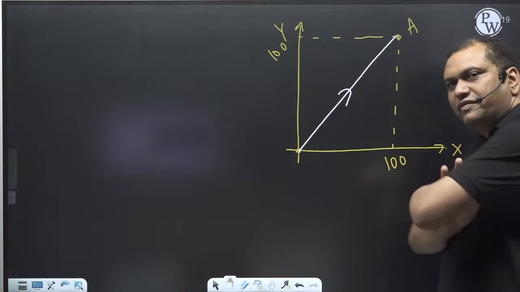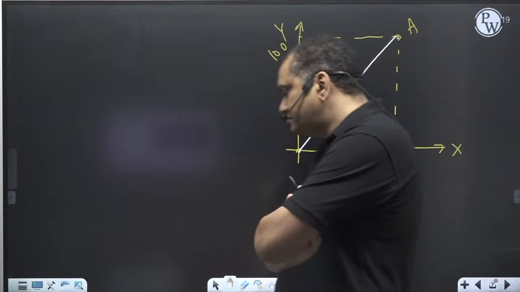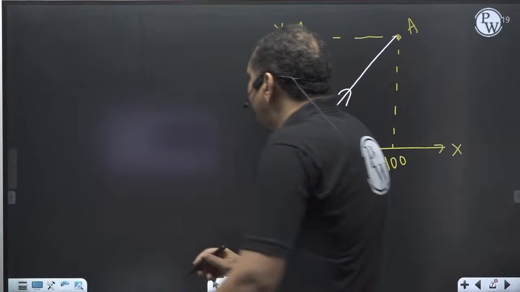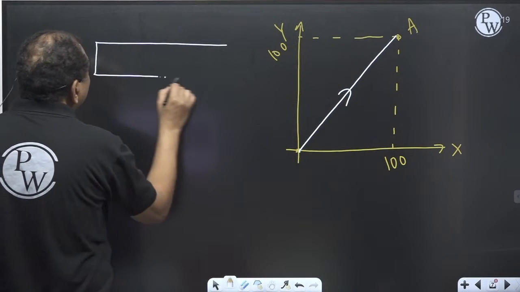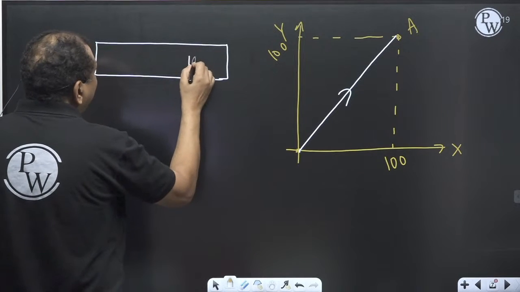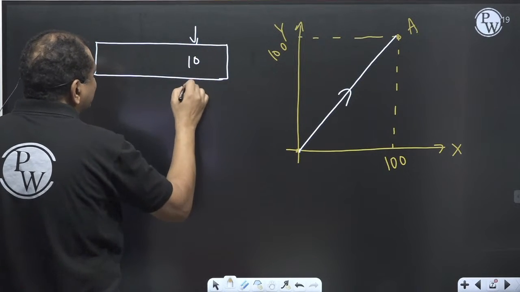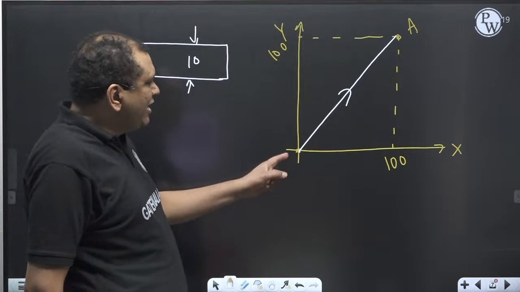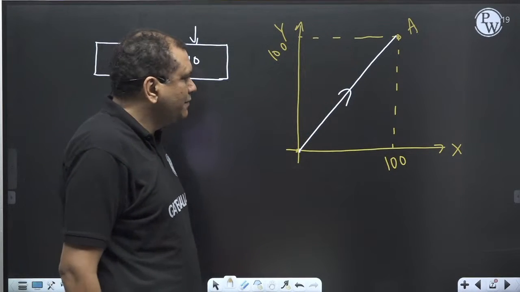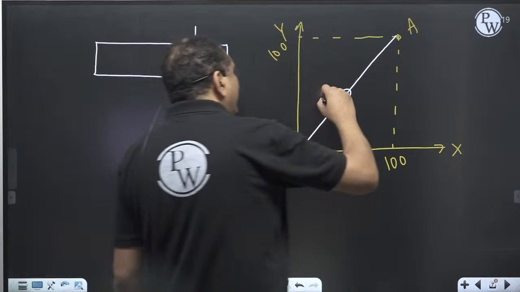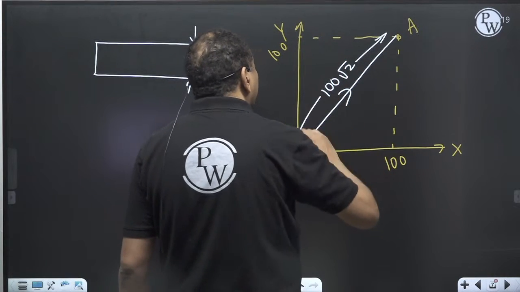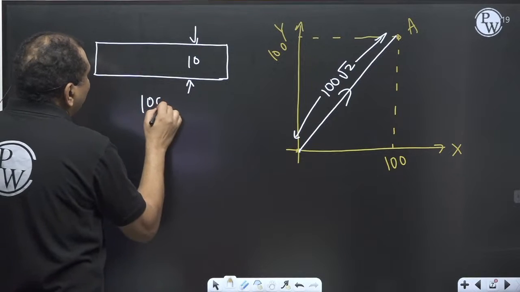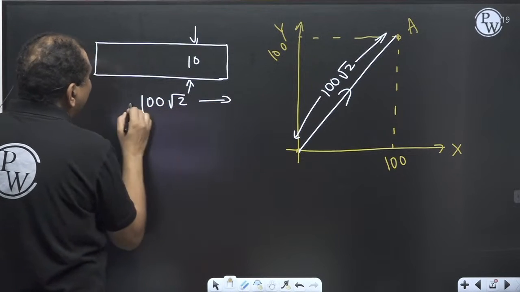My tool has to move along this line. And it's a 10 millimeter width slot. If my tool has to move along this line, this will be 100 root 2.